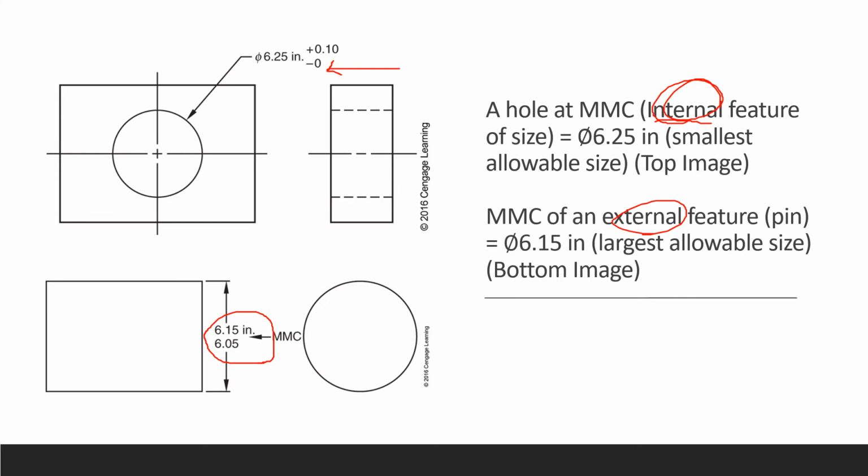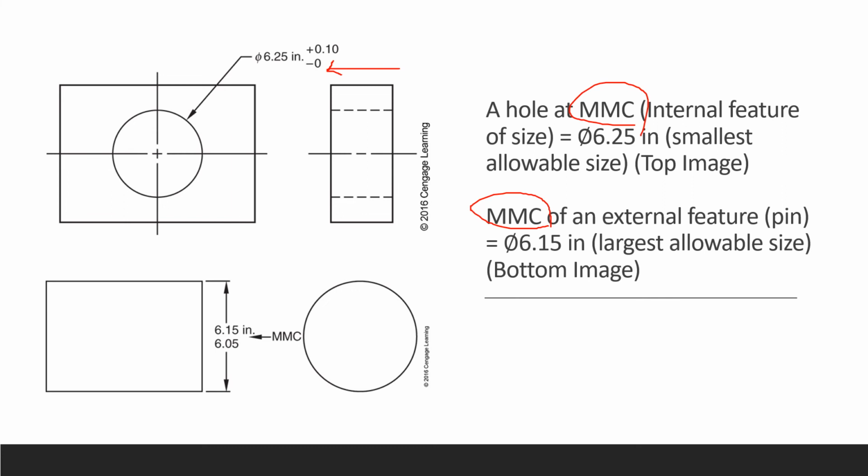Mathematically, students try to remember that if it is external, it's the top one, which is 6.15, the biggest one. If it is internal, it's the smallest allowable size, which is 6.25. And that is your maximum material condition.